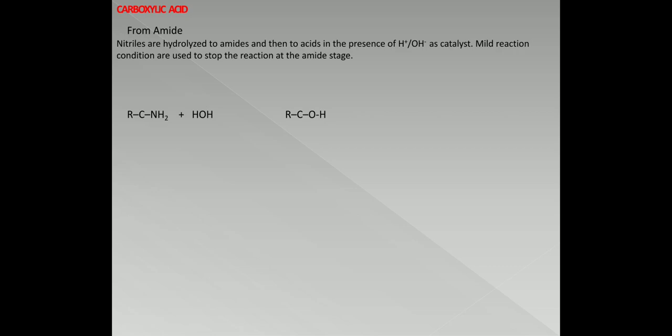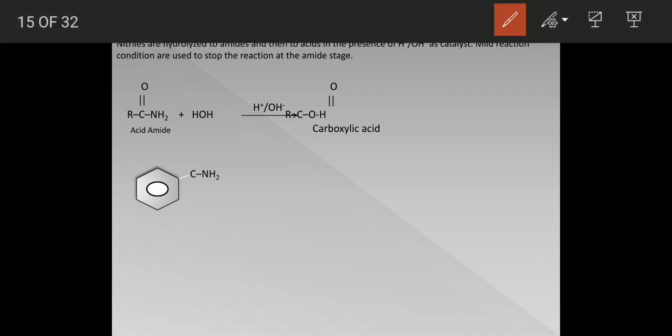So see this reaction, when amide, RC(=O)NH2, is treated with H2O in presence of acid or base, it forms the corresponding carboxylic acid. I am sorry, there is a problem with the font, so we can write it this way: RC with double bond O as well as OH. This is the acid which forms on hydrolysis.